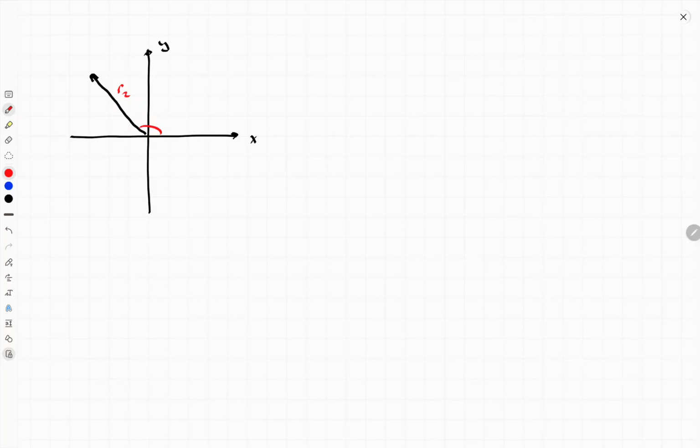We need to find this angle. Let's call it phi2, and this side is equal to 3, the magnitude of this side is also 3. So R2 equal to square root of 3 square plus 3 square, basically approximately 4.24 meters.